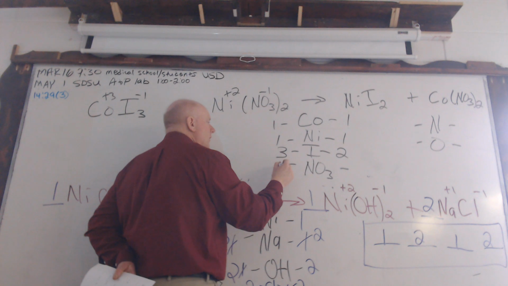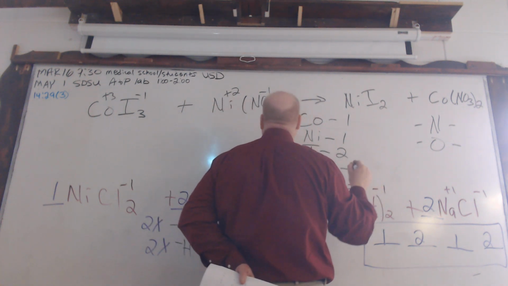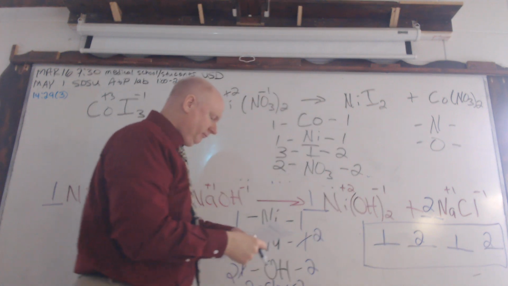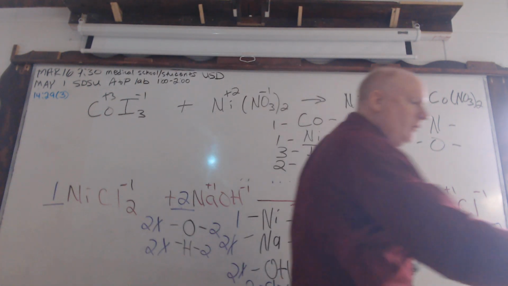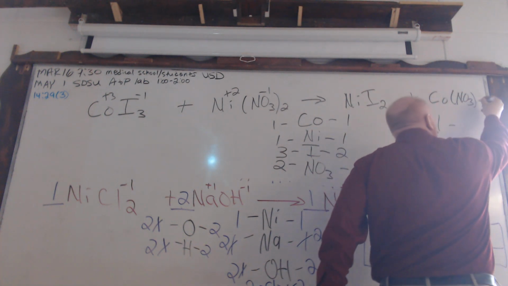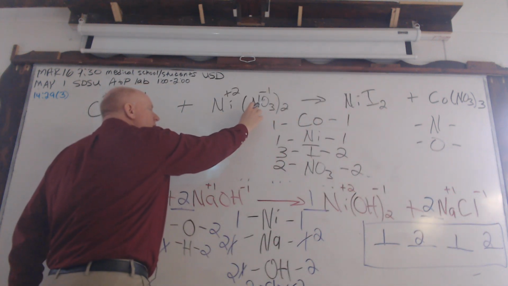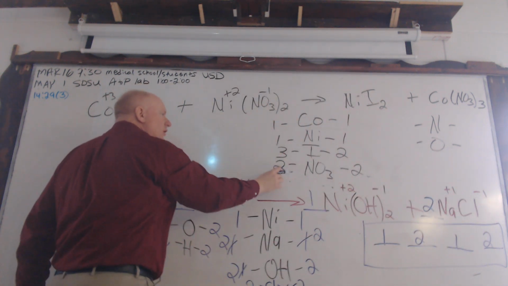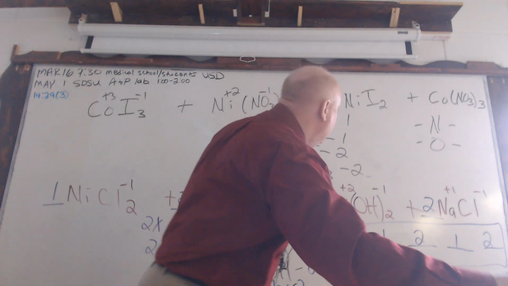Oh, there's 3 oxygens. Right, it would be 6, wouldn't it? This is a 3. Okay, so the nitrate's left is correct, but the nitrate's right is not 2, it's 3.